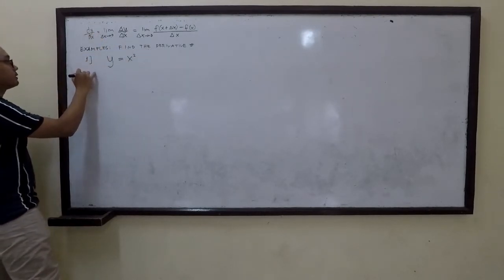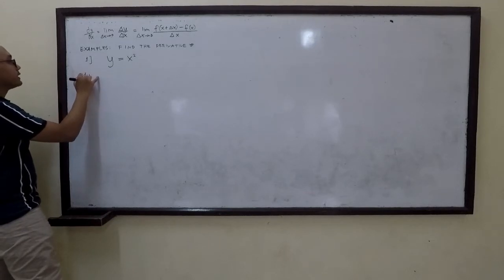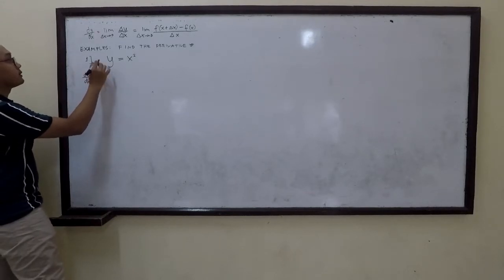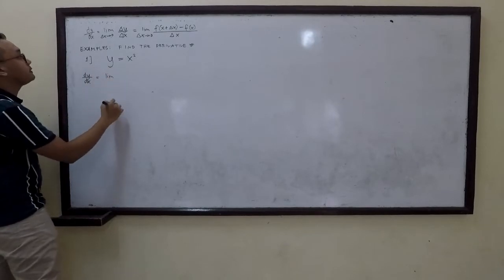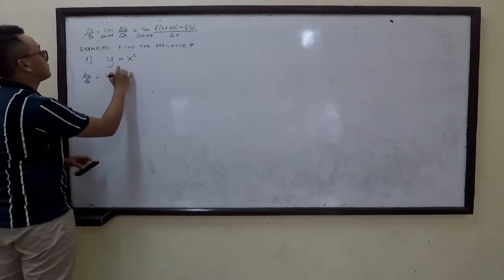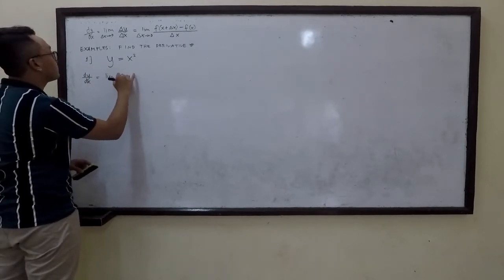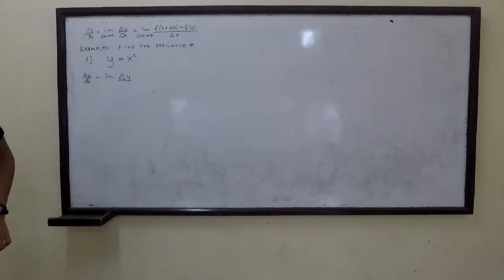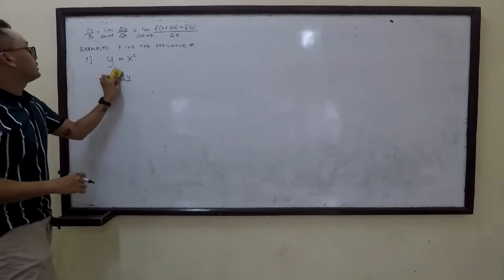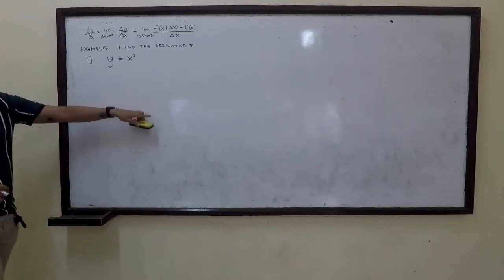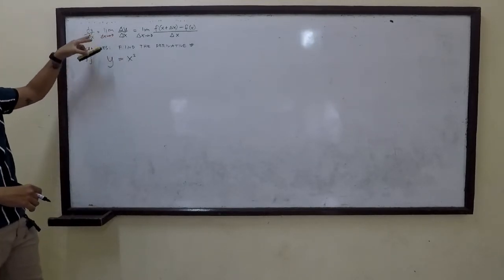So this is now dy over dx is equal to the limit of delta y over delta x. So we need to find the value of delta y.